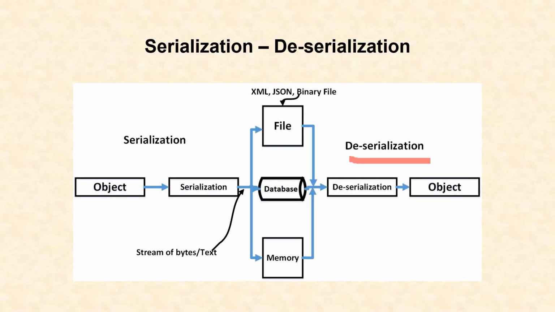The serialization method reads the object and serializes it in a binary form and stores it in file, database and memory in XML, JSON and binary file format. And in deserialization, it reads from the file, database and memory and deserializes the data into a user readable form.